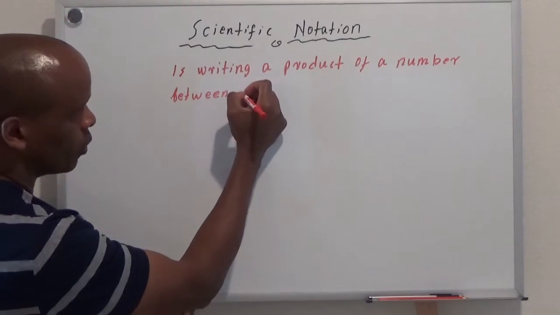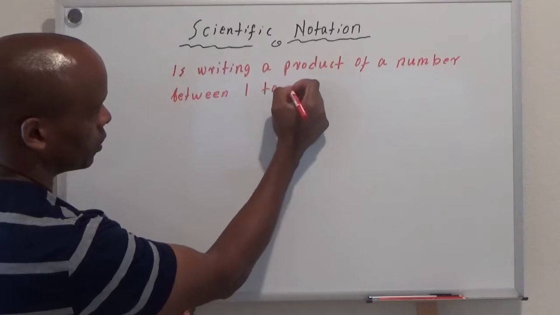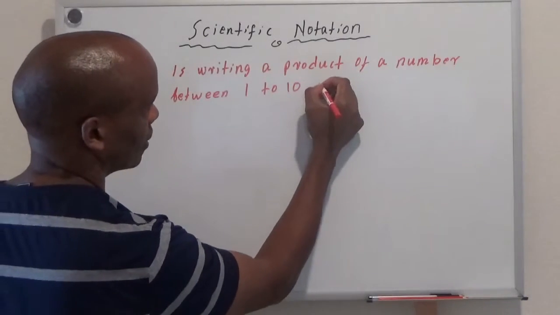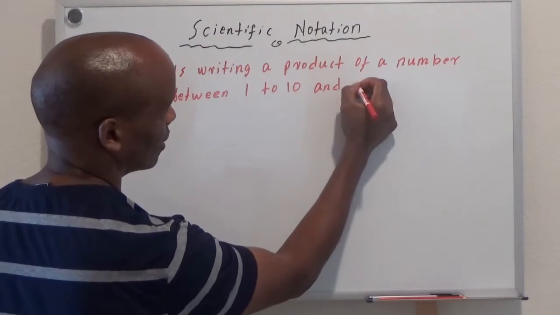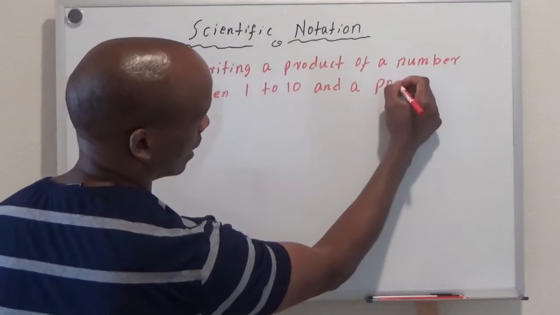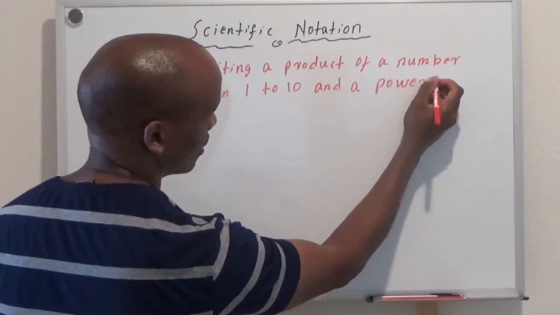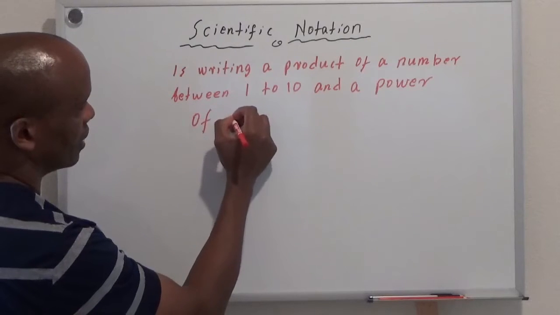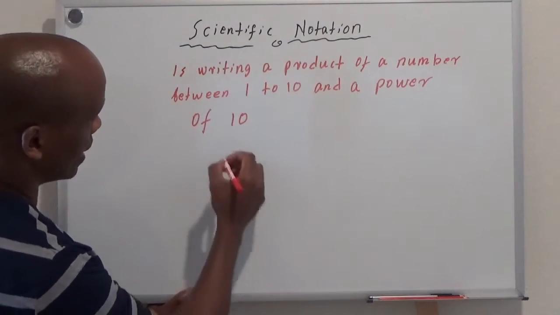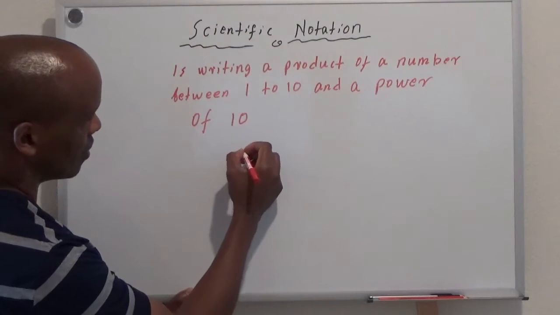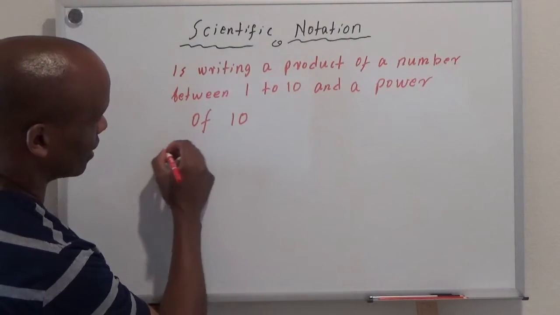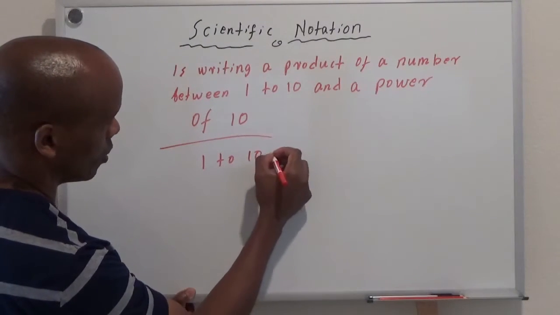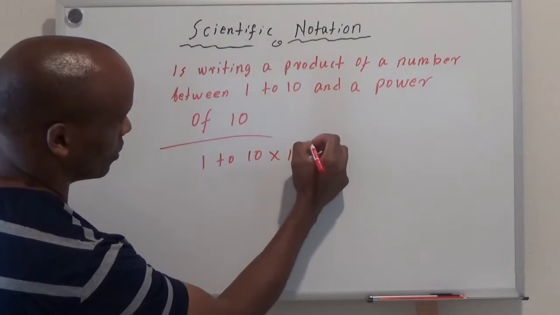Between 1 to 10 and a power of 10. That's why I'm writing a number between 1 to 10 multiplied by 10 to the power of n.